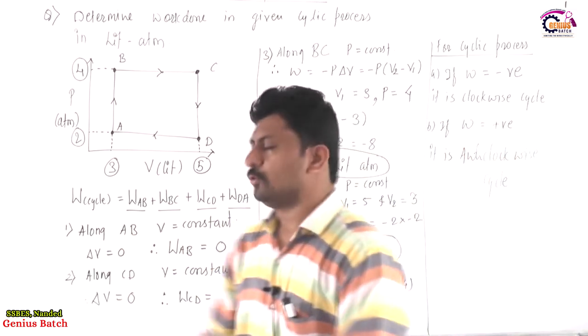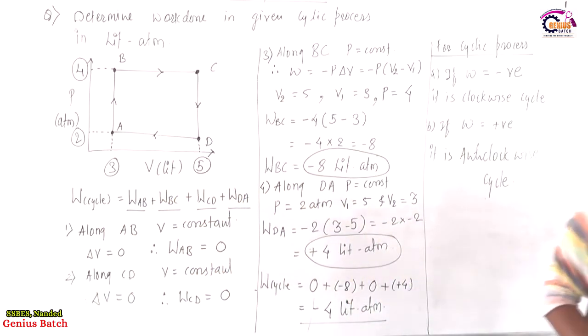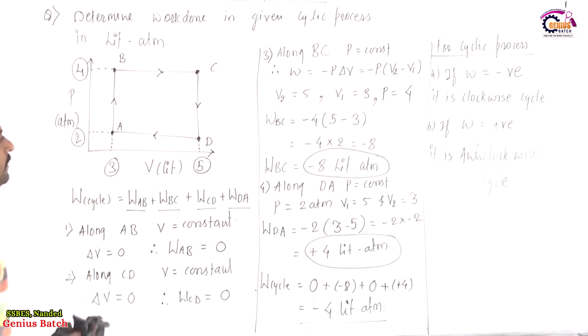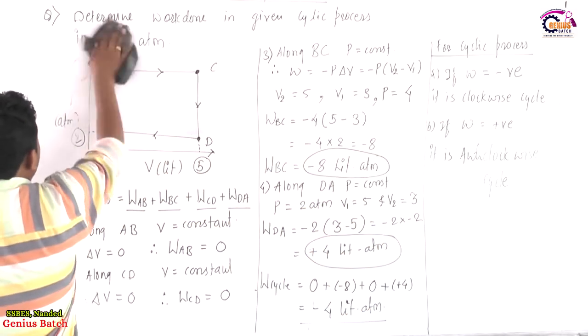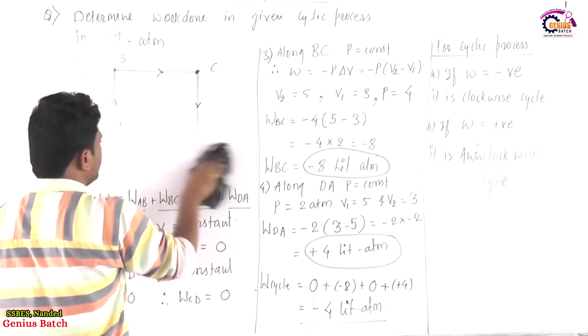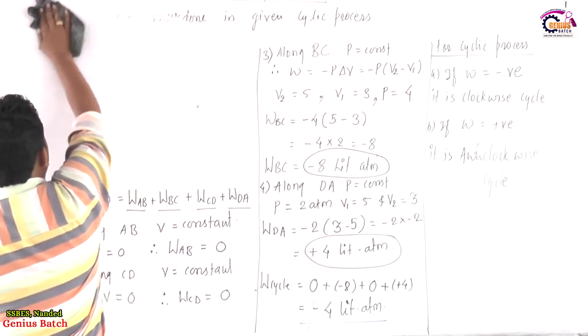Clear? Note this one. It was quite a different type of a question, which is based on work done in a P delta B type. Okay. Now next to this, we would note the question first and then see what is difference in the previous questions and the present one.